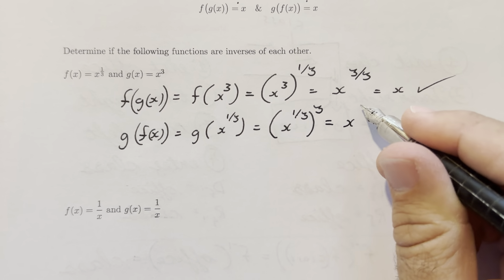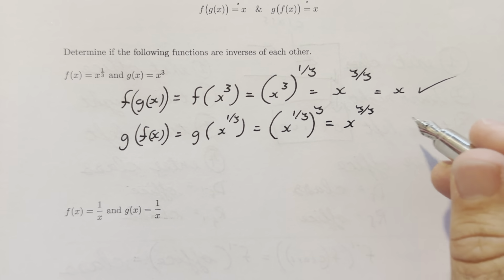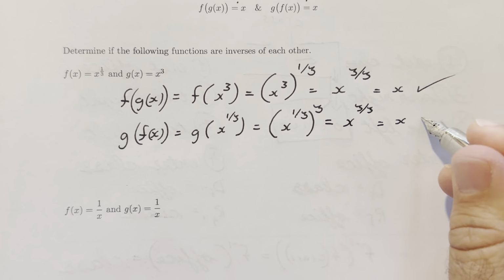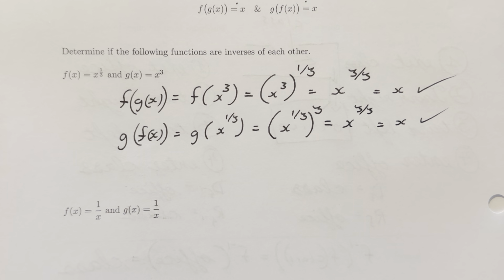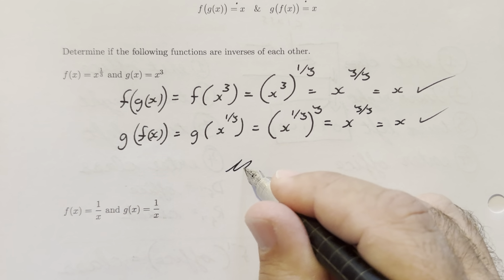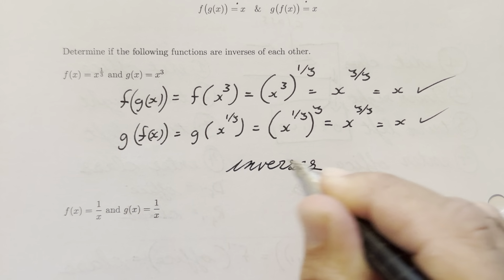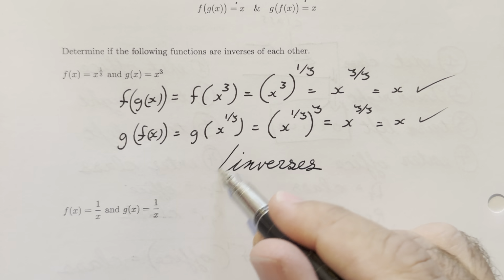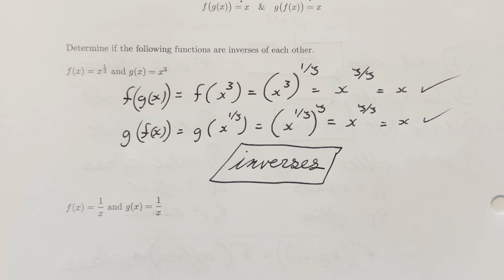And so again, we've got x to the 3rd over 3 like this, which is just x. Input is output, input is output. So they are inverse functions. So we state our conclusion, just like so. That's it.